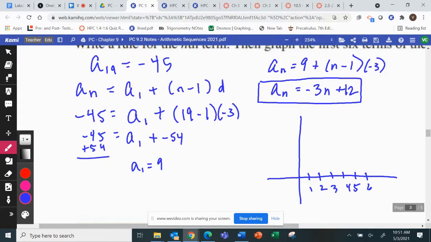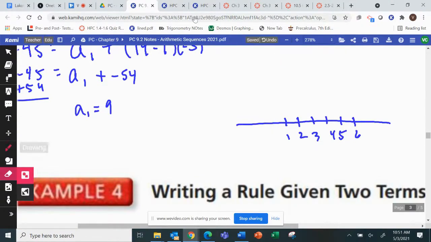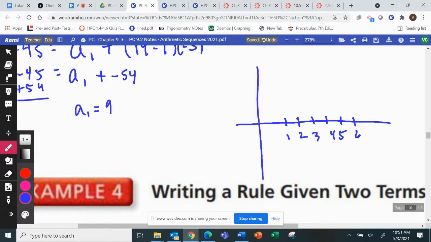What's the second term going to be? 6. Okay, so we want to count by threes? That sounds good. I just need to fix my graph, though. You guys think that's a good idea? Because we can make it whatever we want, yeah?